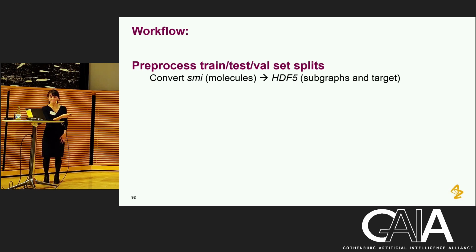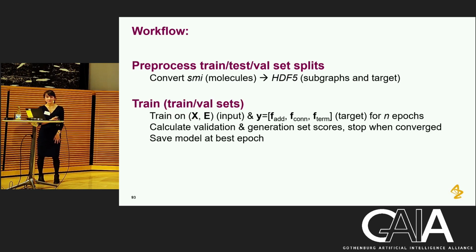But yeah. And then once we have pre-processed our training data, we would actually want to train on all our subgraphs here. And we would want to fit to our target probability distributions as I've shown. So we train for n epochs until our model looks converged. We calculate the validation and generation set scores every epoch, and then we save the best model.